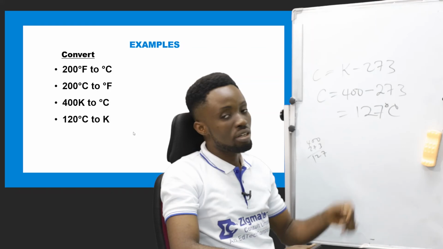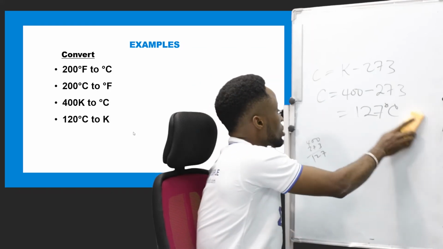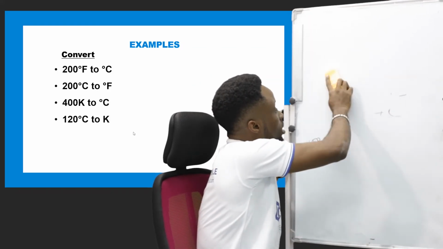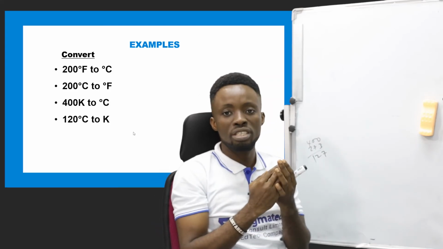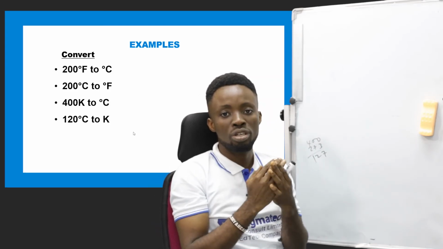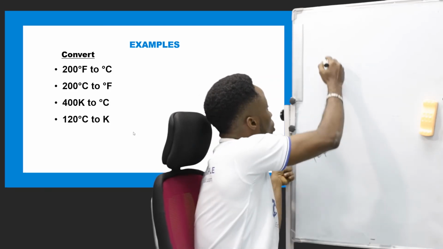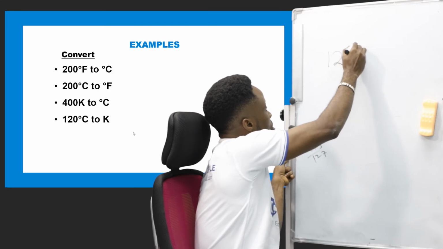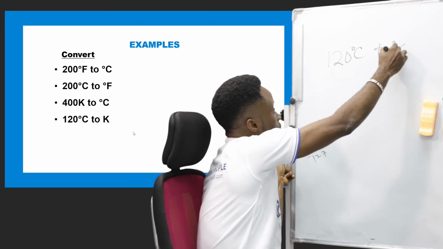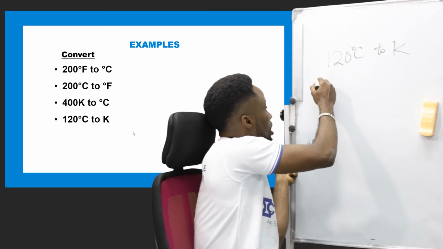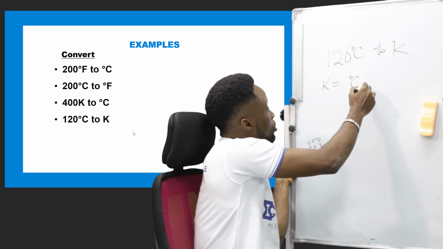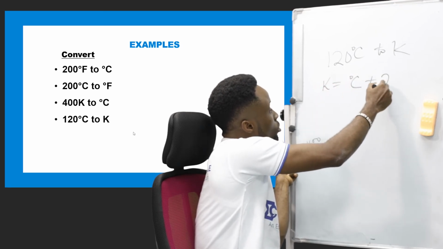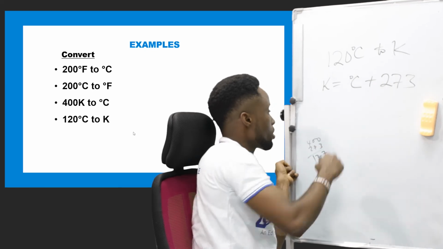And the last we have is to convert 120 degrees Celsius to Kelvin. So if we want to convert 120 degrees Celsius to Kelvin, what we simply need to do is that we have that Kelvin is equal to degrees Celsius plus 273.